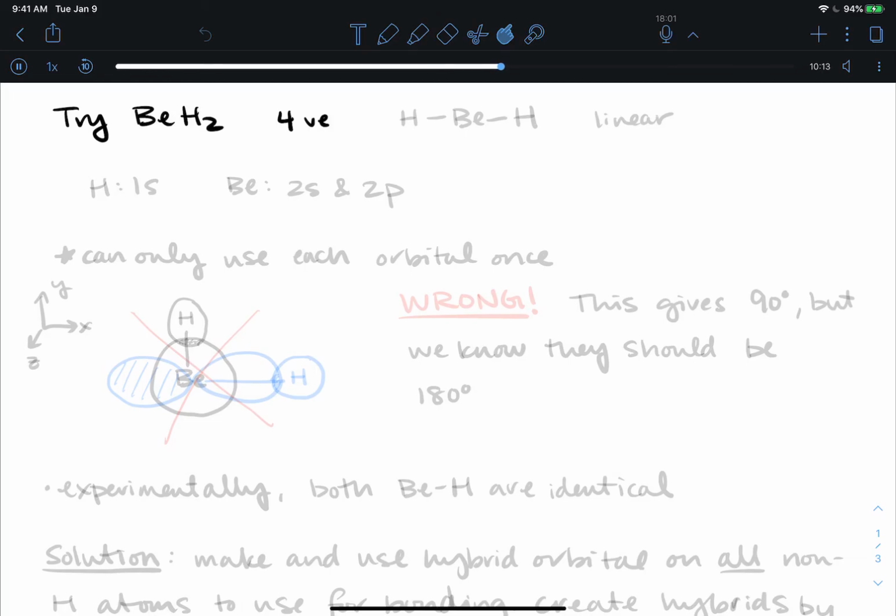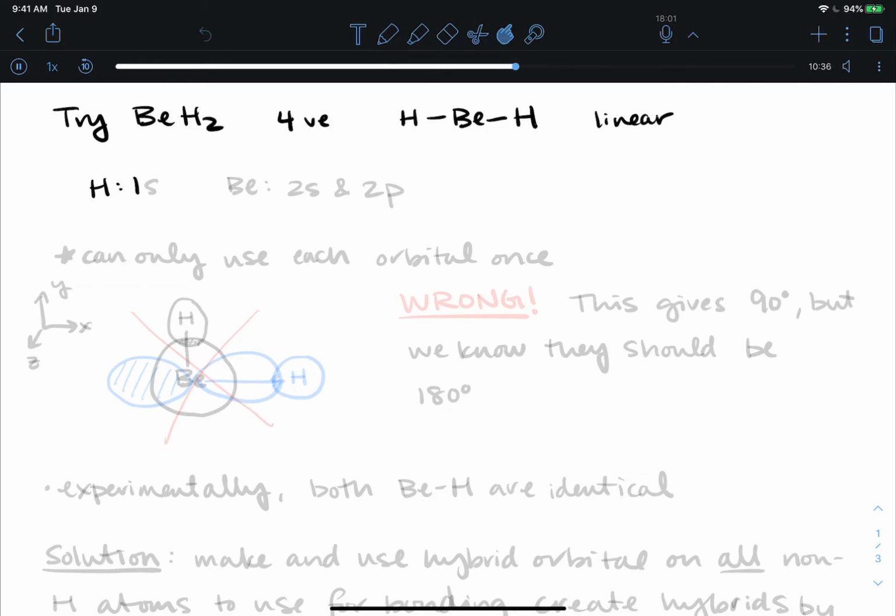If we draw a Lewis structure and VSEPR geometry for this, it looks like this, making it a linear molecule.